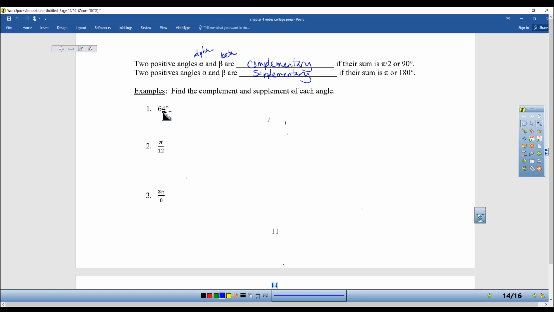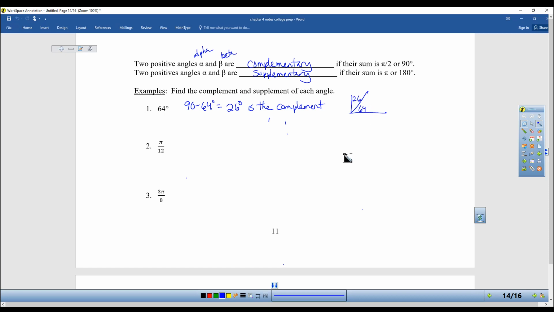So of course, you're already very good at this in degrees. So if you just say 90 minus 64, then you can find its complement. They complement each other. They add up to 90. So here's your 64, here's your 26.